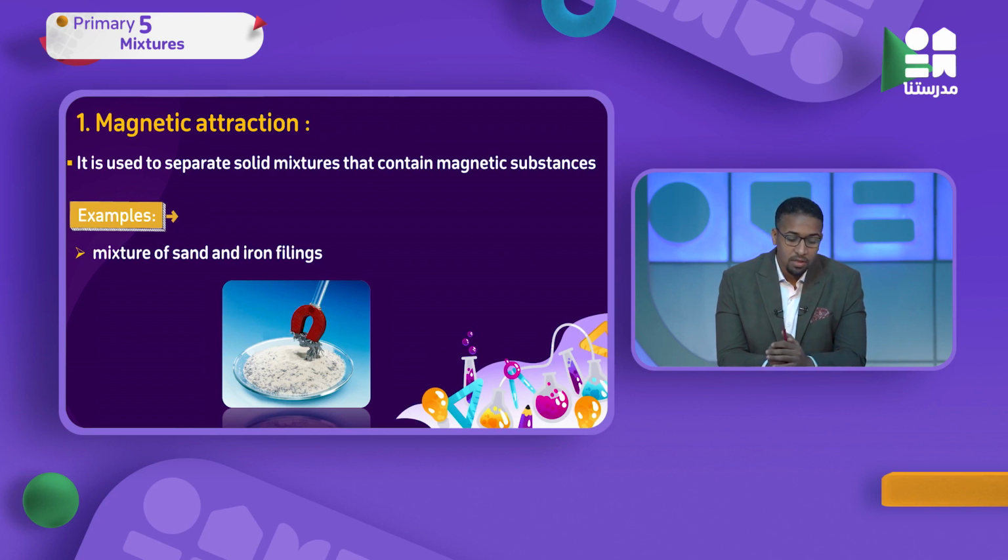And after making the mixture we can also separate them. How will we separate them? We will use a magnet, and the magnet will attract the magnetic material, which is iron, and will not attract sand. So we will use a magnet to separate iron from sand.